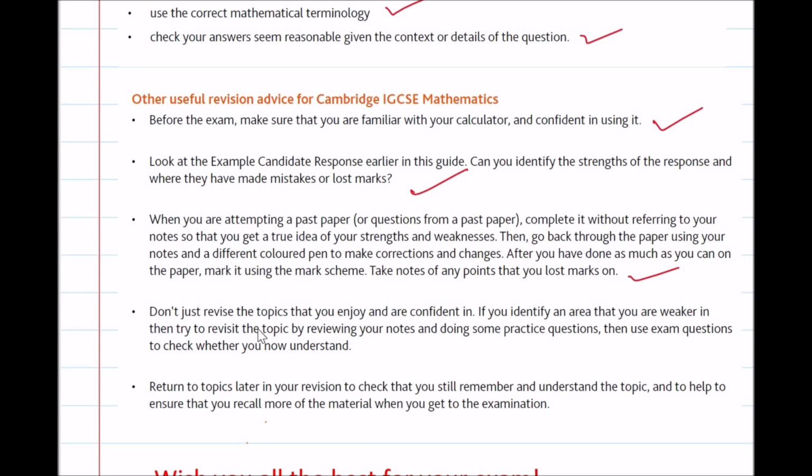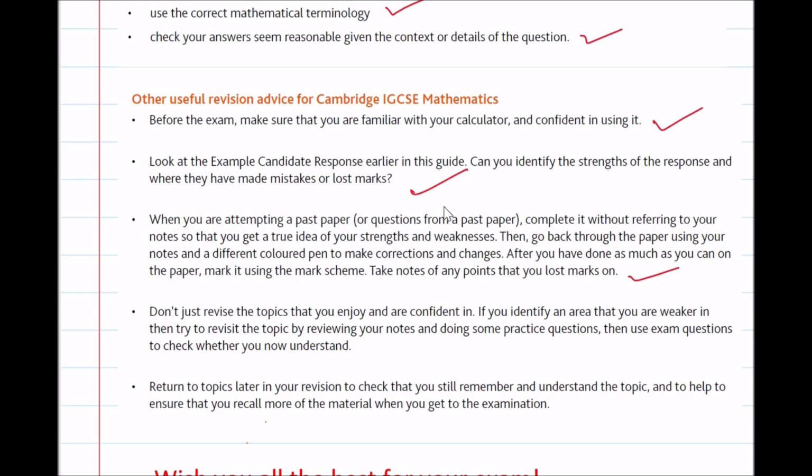Okay. Now, don't just revise a topic that you enjoy and are confident in. If you identify an area that you are weaker in, then try to revisit the topic by reviewing your notes and doing some practice questions. Then use exam questions to check whether you now understand or not. Okay.